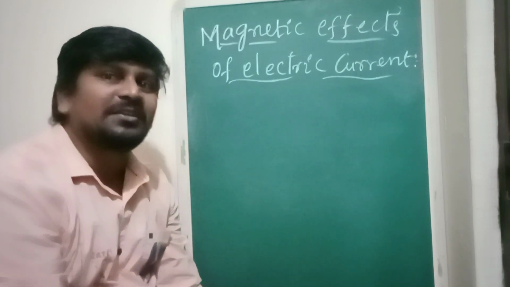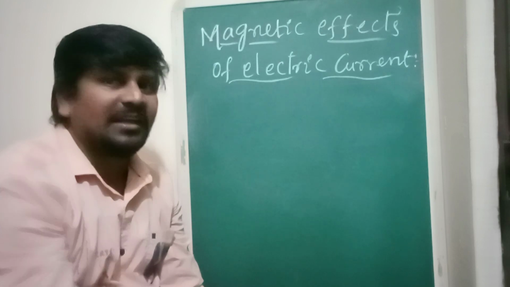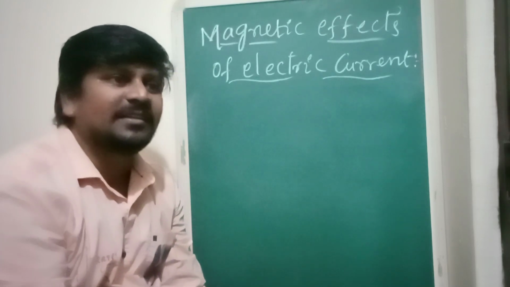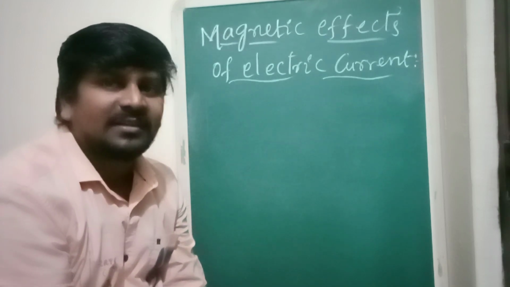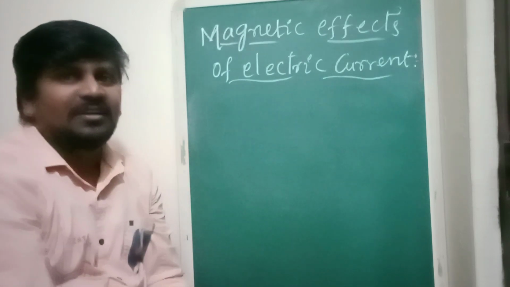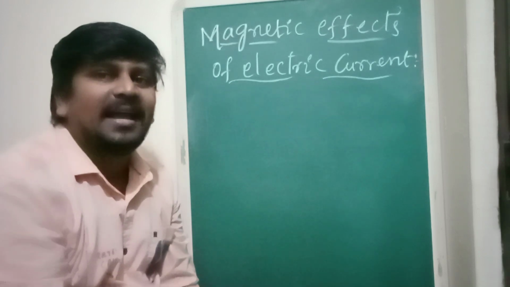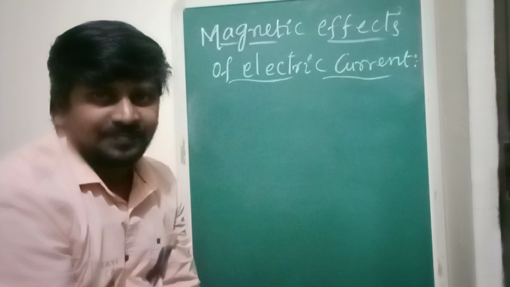So the origin of the name magnetite is Magnesia. From that we are considering magnetite, a natural magnet, right? It occurs in nature, and there are so many artificial magnets, like the bar magnet, U-shaped magnet, and dumbbell magnet.